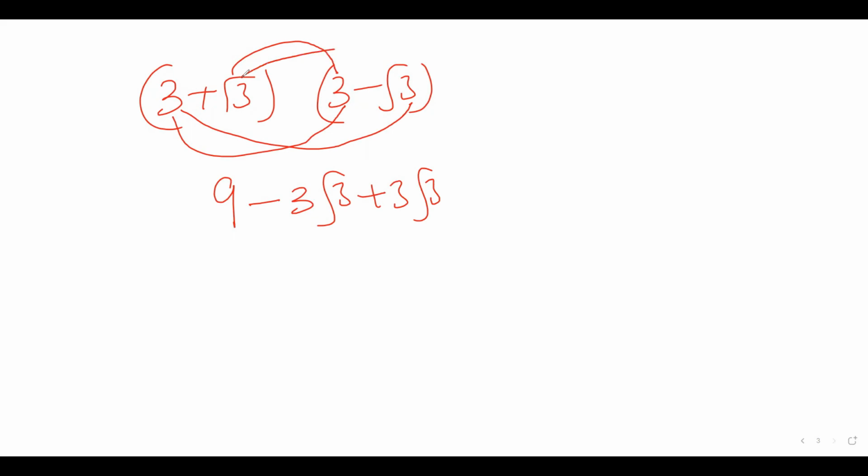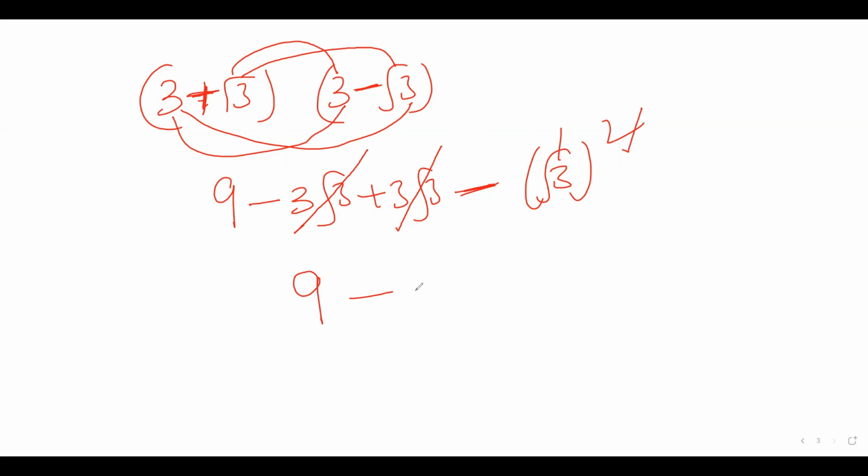Root 3 into minus root 3 is minus root 3 square. The minus 3 root 3 and plus 3 root 3 will get cancelled. 9 minus, square and root will get cancelled. You will get 6 as the answer.